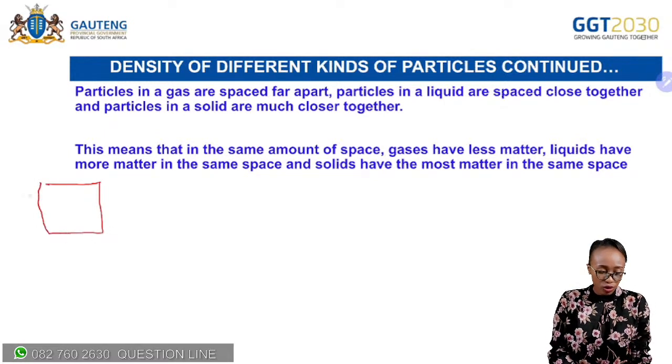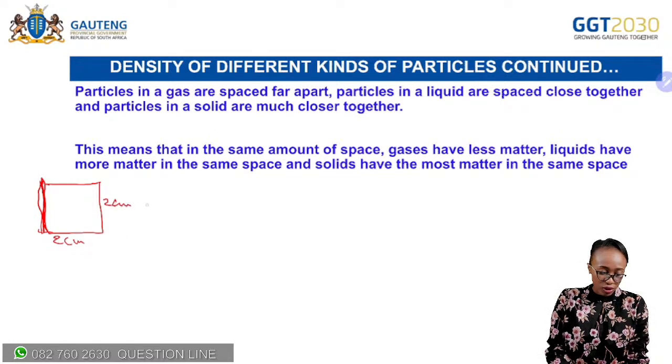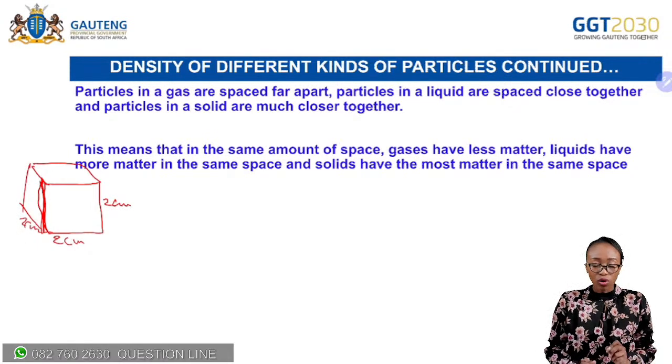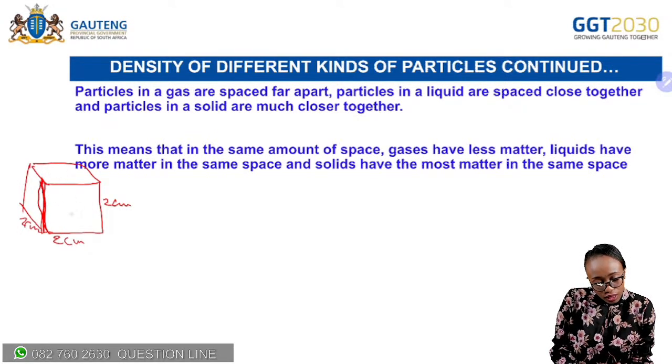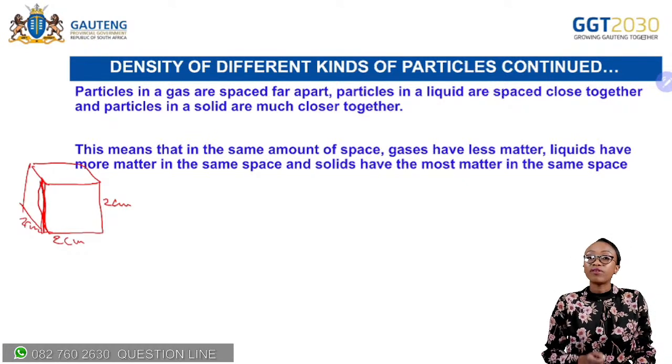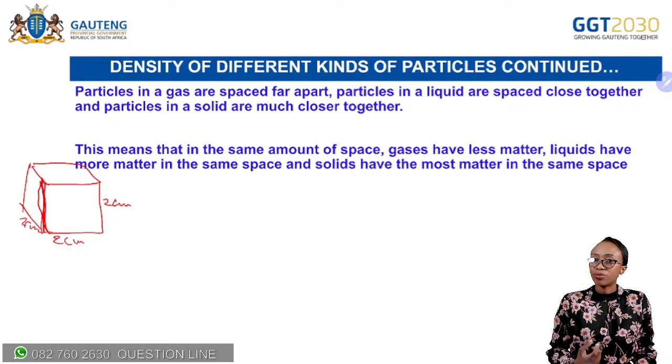We use the same cube. My line is not quite straight. There we go. Right, we say it's 2 centimeters, and in this direction also 2 centimeters. Now within this space, if we put a gas, it will have less matter. What do I mean by less matter?